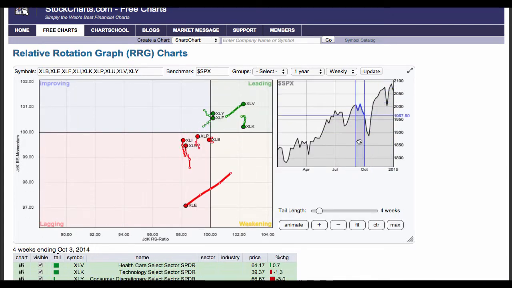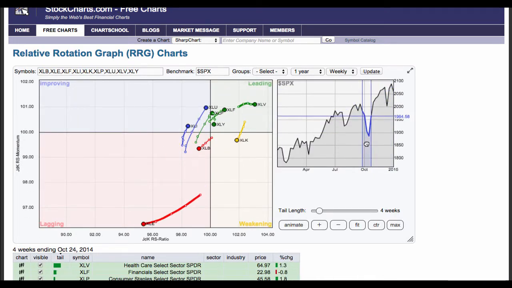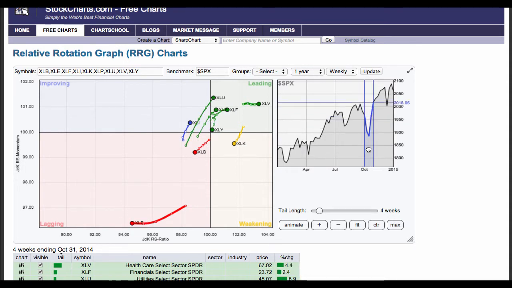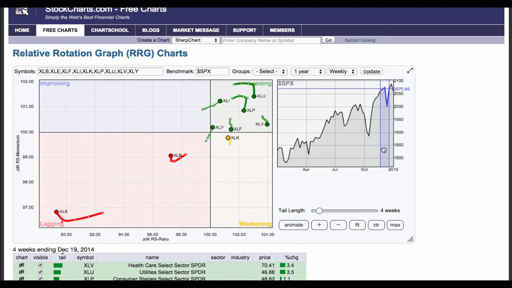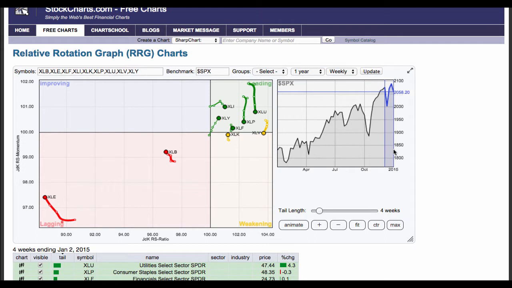Let's take a look at the RRG sector rotation. Now, if we scrub the bar here, since October, you can see right here the October bottom. Watch what sectors improve, which become leading, which become a weakening sector, and which become lagging. XLE has been lagging for some time, and we can see it bouncing along the bottom, and then lately it's turned up. So it's starting to improve.